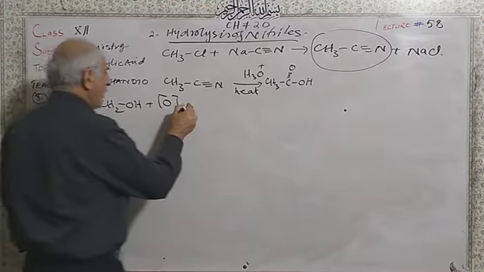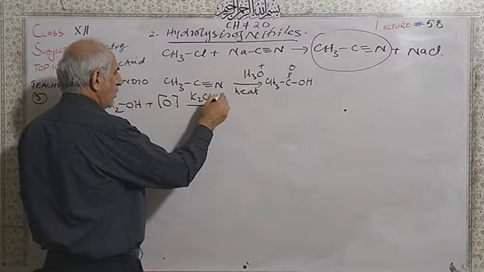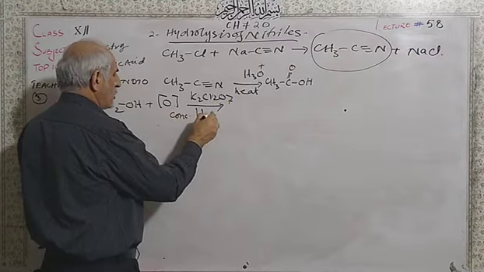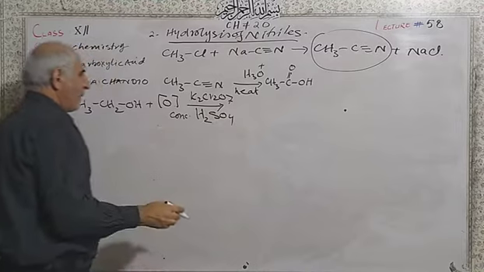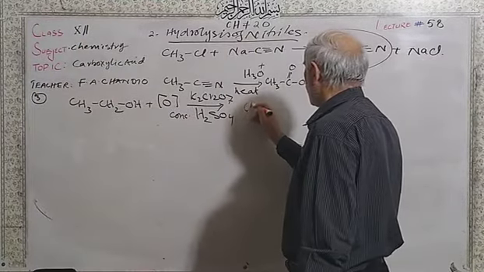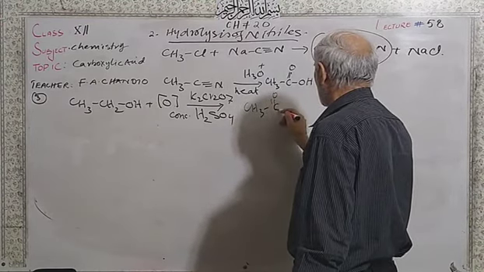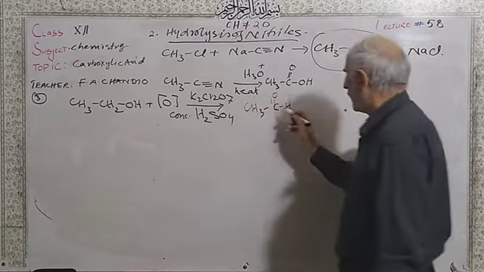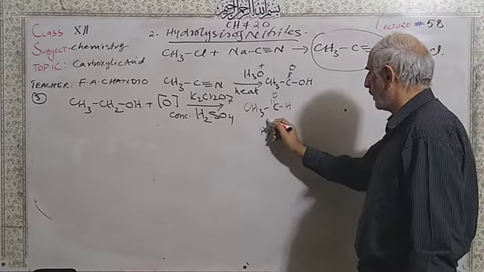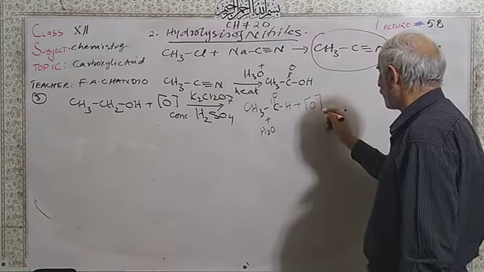Nascent oxygen is prepared from potassium dichromate and concentrated sulfuric acid. So there the dehydration takes place and you will get aldehyde. This is the acetaldehyde plus water.